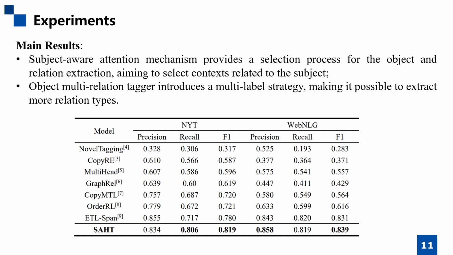Such performance gains are attributed to the following reasons. Number one, the subject-aware attention mechanism provides a selection process for the object and relation extraction, aiming to select context related to the subject. Number two, the object multi-relation tagger introduces a multi-label strategy, making it possible to extract more relation types.